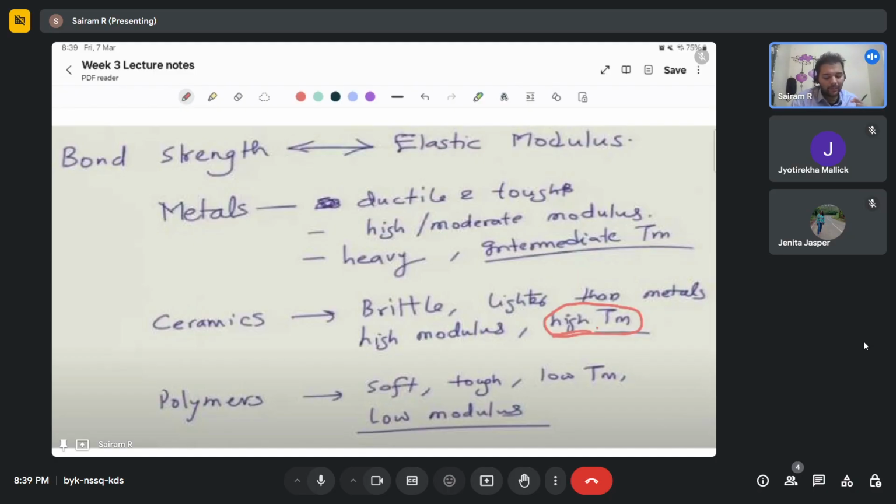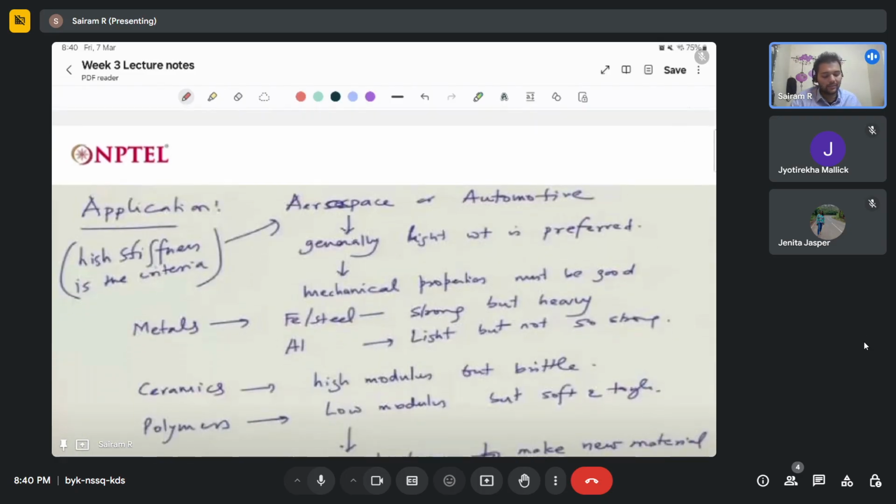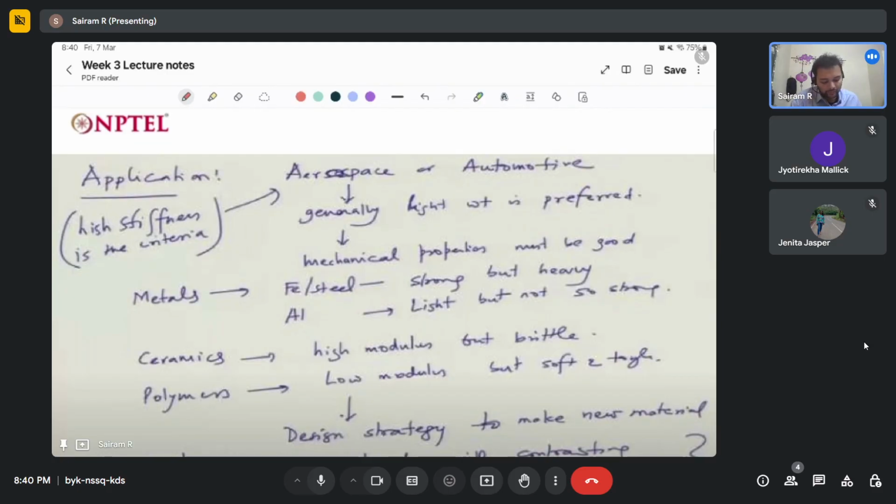If we are given the information about the bond strength and the melting point, or the melting point and the elastic modulus, we should be able to take a guess about the nature of bond strength between, let's say, four or five different elements as well. That is the sort of correlation that has formed between these different types of atoms.